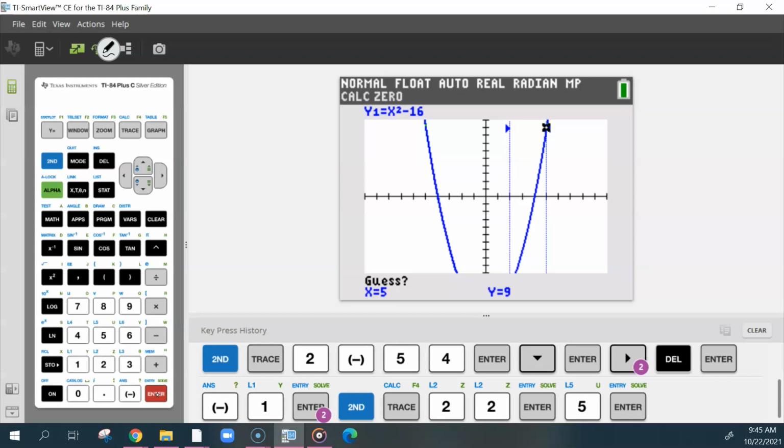Again, it wants us to guess. We don't want to do that. We want the calculator to do the work, so I'm going to hit enter again, and then it tells us that our other 0 is at 4, 0. And again, we can see that, but just to make sure, you could use that function. Do you have a question?